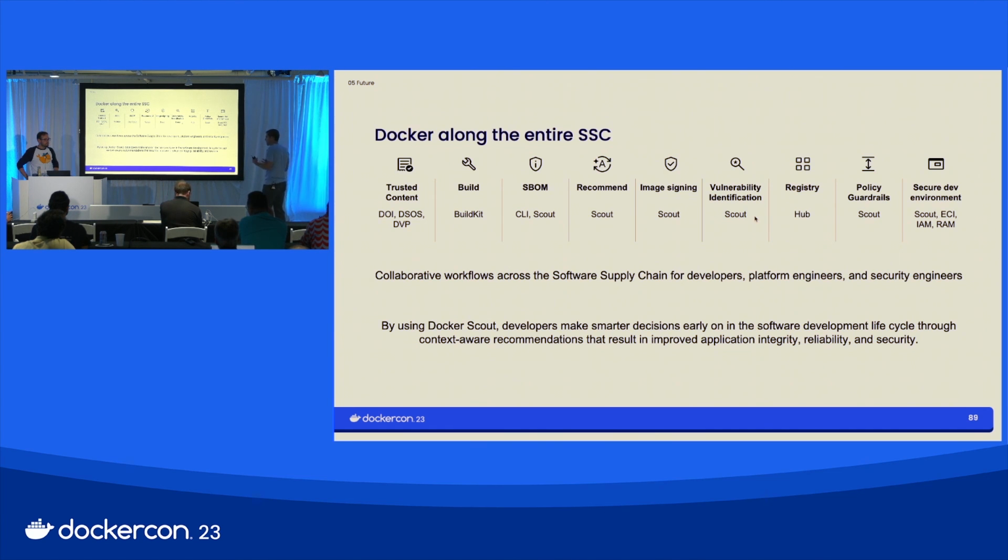BuildKit, providing provenance and SBOM information when you're building. Scout giving recommendations about how to improve your security posture, signing images, vulnerability identification, Docker Hub and other container registry integrations, as well as the policy features we just finished talking about in early access. A lot more to come there over the coming months.